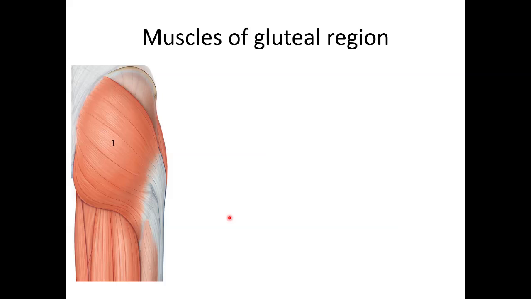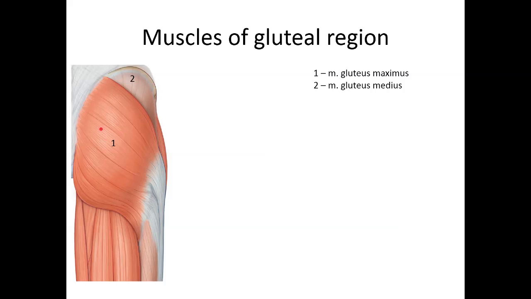Now, most famous muscle, musculus gluteus maximus. You can see the direction of its fibers, which is oblique. And another muscle, number 2, gluteus medius, with direction of fibers vertically oriented.